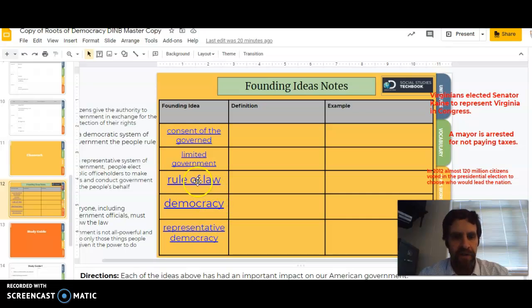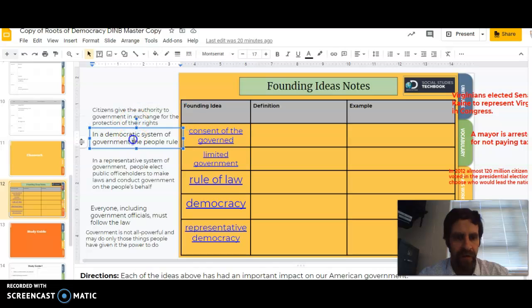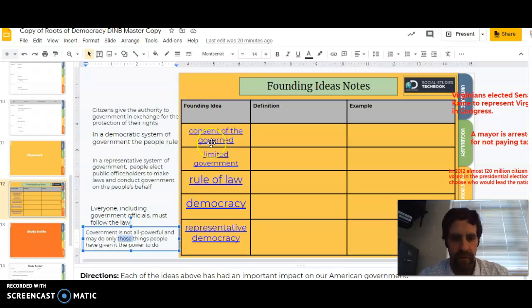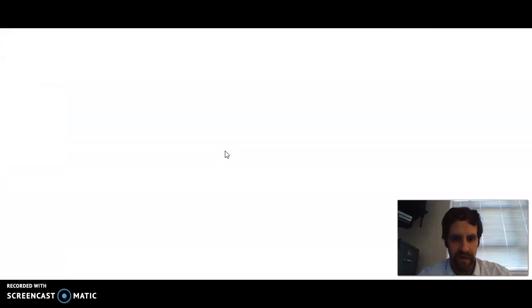What I want you to do is take one of these definitions over here on the left, and match it with the word that it belongs to. Well, how will you know what the definition is? Each of these terms is hyperlinked. When you click on the hyperlink, it will take you to our Fairfax Discovery Tech Book.